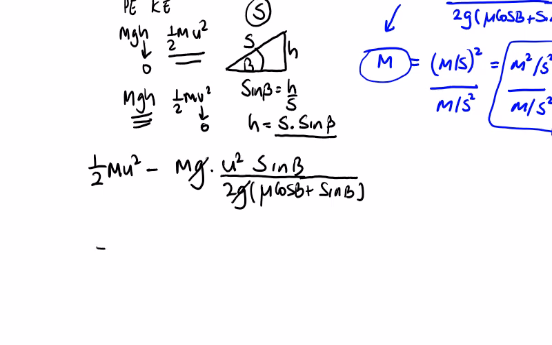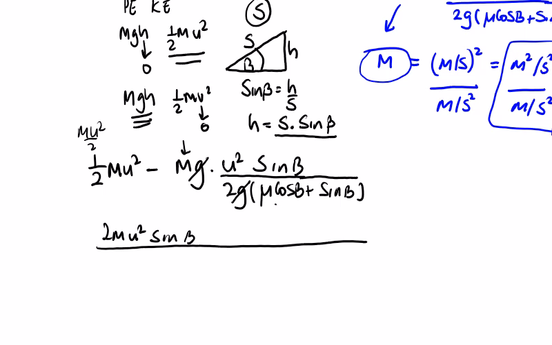And if we follow our rules of simplifying fractions, if we write this one as u squared over 2, and cross multiply, we're going to get the 2 on the bottom by this side here, so 2 u squared sine beta, and then we're multiplying this denominator by the u squared on top, which in fact will be minus 2 u squared sine beta.